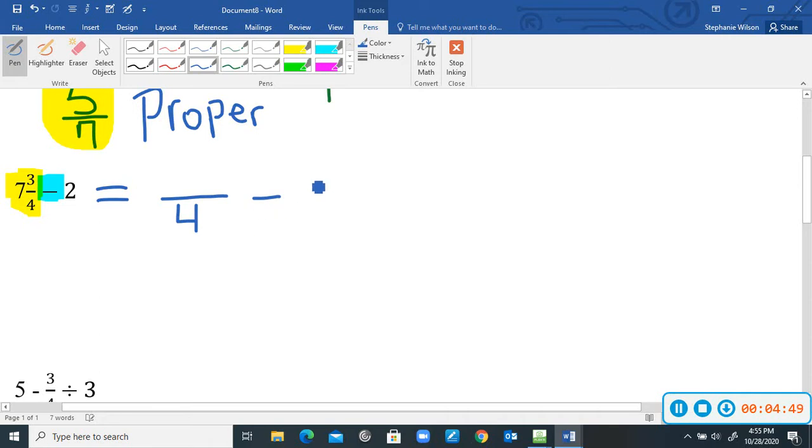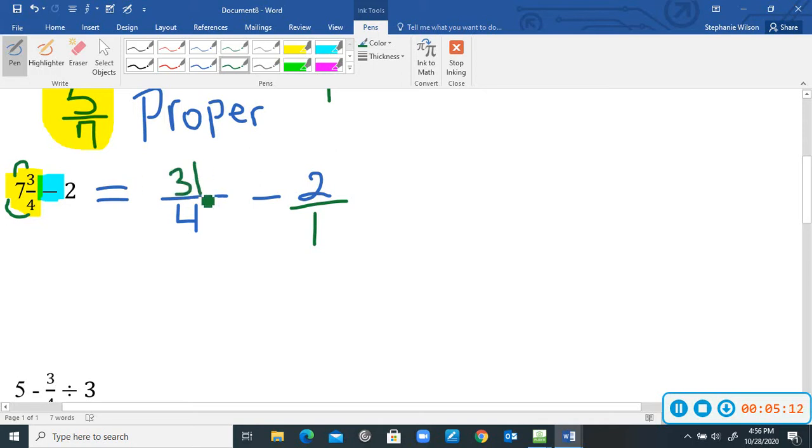So I'm going to go ahead and do this. And I'm going to put a 1 underneath my 2 because I am going to have to find that least common denominator. So I'm just going to write it that way. So next, let's say 4 times the whole number, which is 28, plus the numerator. So we got 28 plus 3, which is 31.